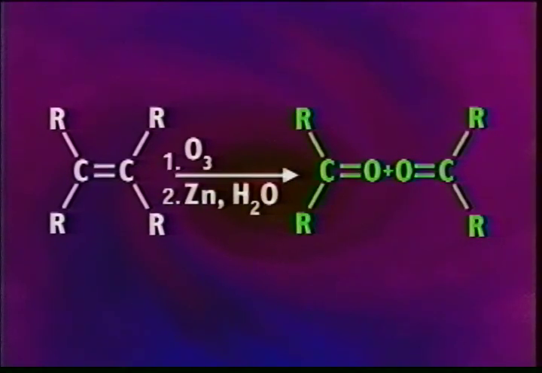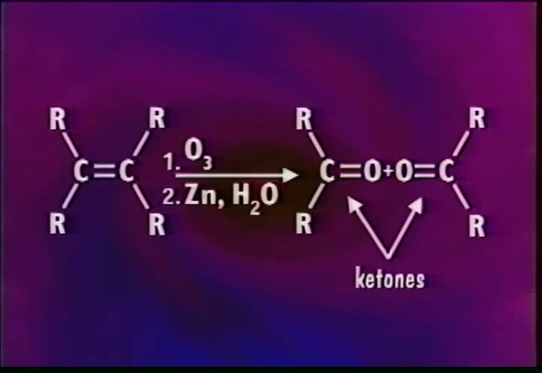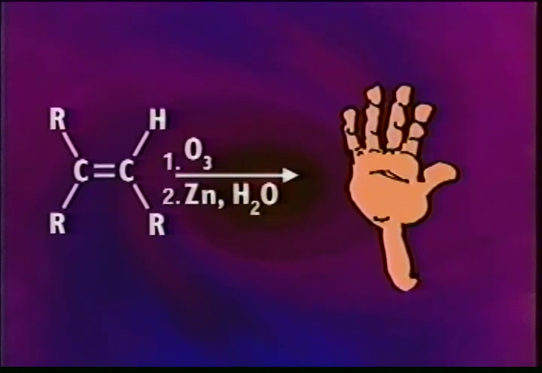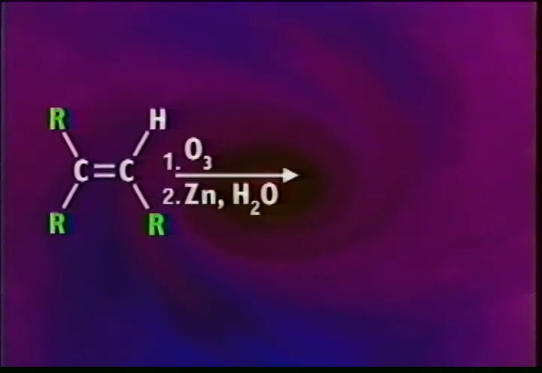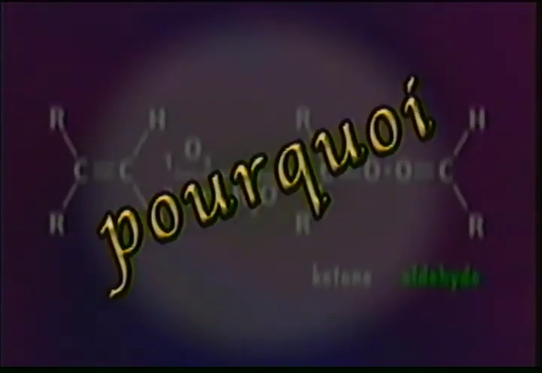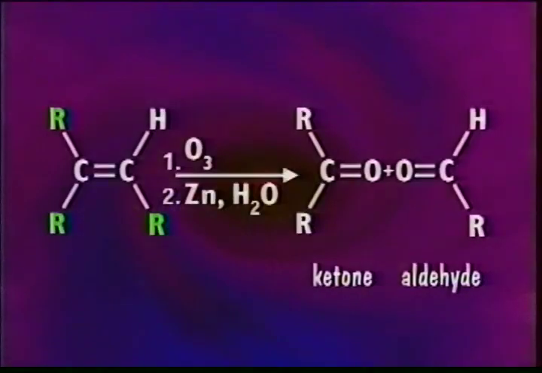The 2 products each have 2 carbon substituents on the carbon of the carbon-oxygen double bond, and both products are ketones. On the other hand, if the alkene has 3 substituents, the 2 products will be 1 ketone and 1 aldehyde. Why? Because there are only 3 carbon substituents to go around, and we have to make 2 products. One of the products will have 1 carbon substituent attached to the carbonyl carbon.